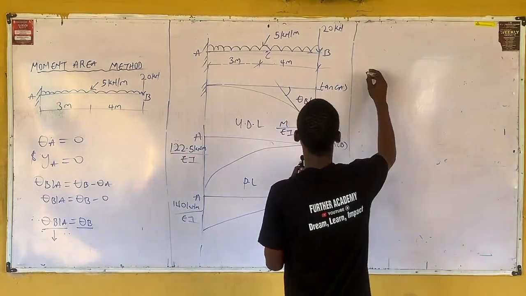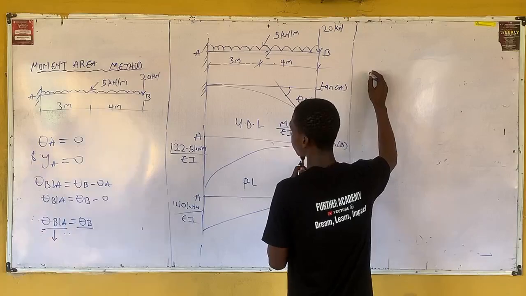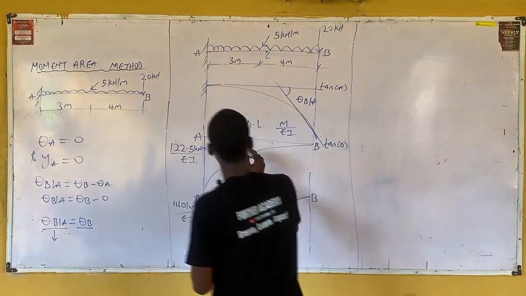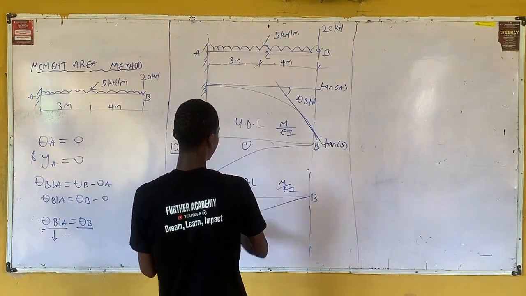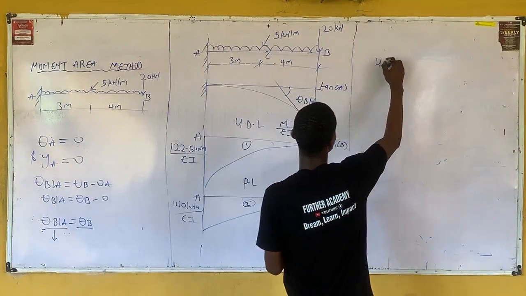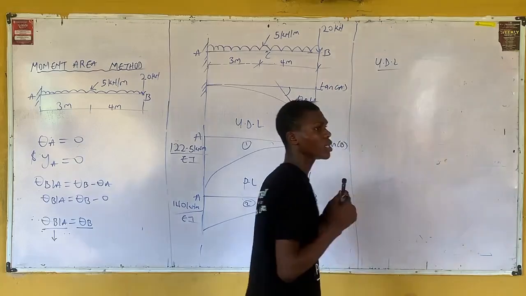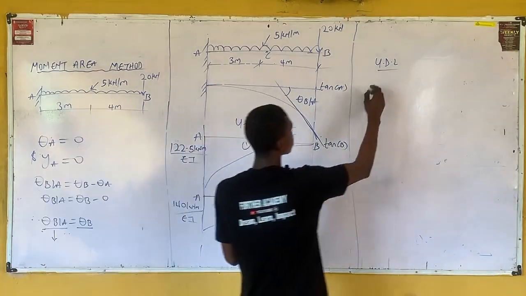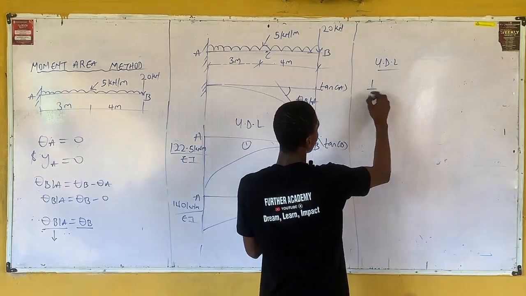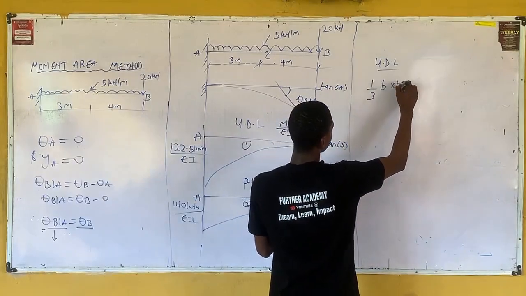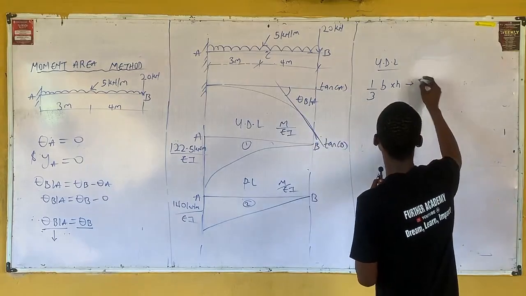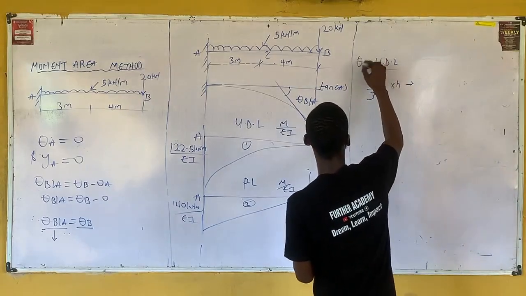For the slope at B, for my UDL, say this is figure 1 and this is figure 2. So let's solve for UDL. What's the formula of this shape? 1 over 3 base times height. Substitute values. What do you have? This is the slope at B due to UDL.